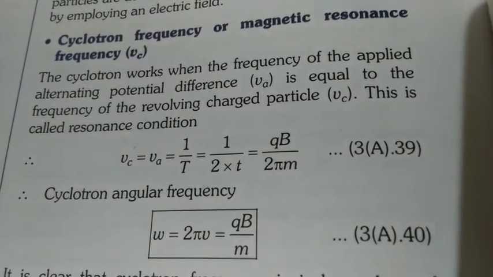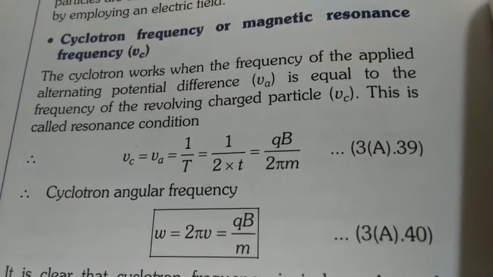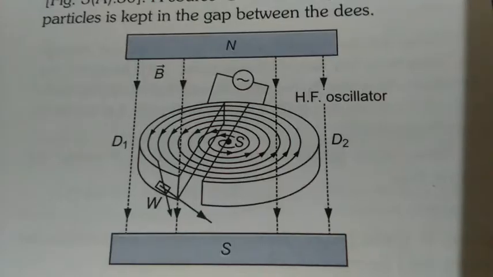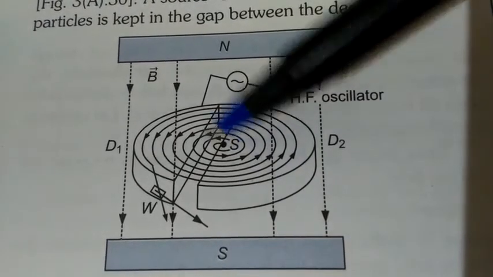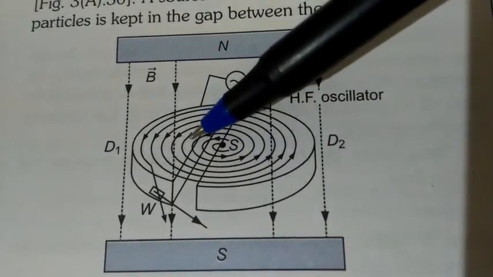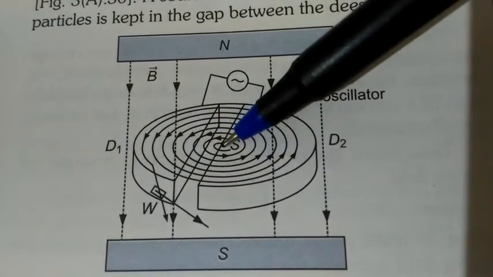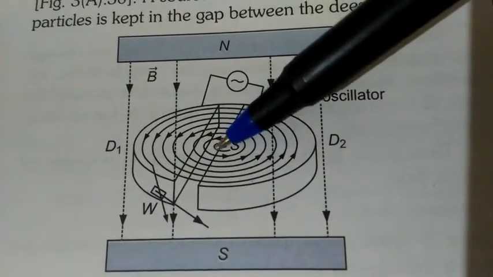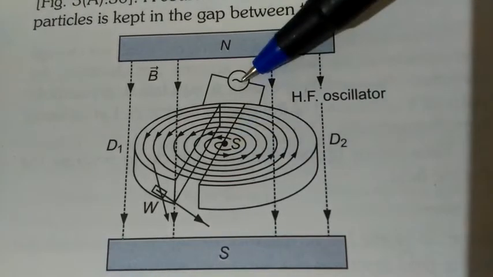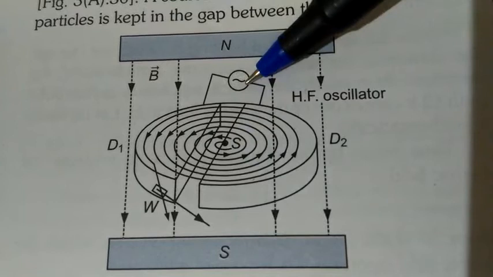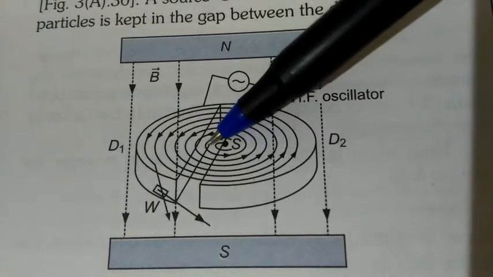I will explain what this statement means. When we put the particle here, it first moves to D1 then D2. When the particle is going towards D2, suddenly the frequency of this oscillator should change, and the oscillator should lead it to D1.